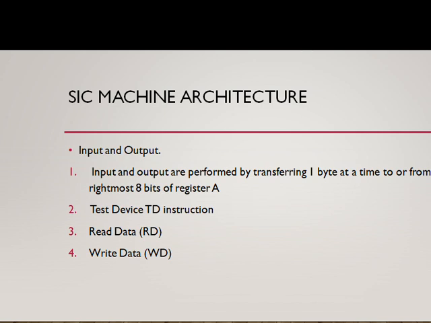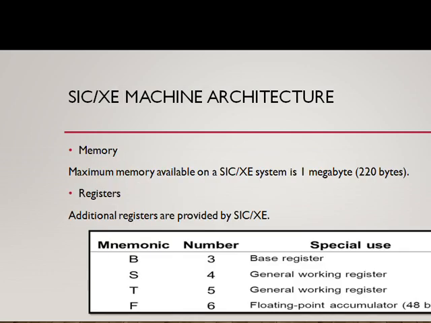Then we move on to the another one, that is SIC/XE machine architecture. It is the extended version of standard SIC. The same concepts are repeated here with some more features like memory, register, data format, instruction format, instruction set and input output devices, which are all common, but they have some special features compared to the standard SIC version.